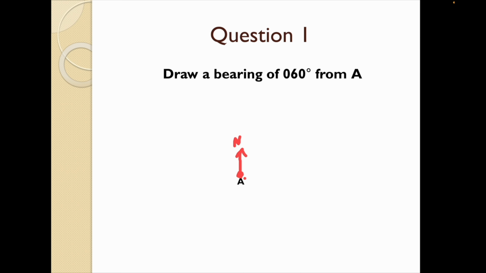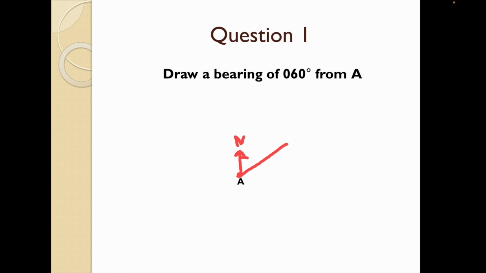Now what I need to do is figure out where 60 is going to land. So obviously we know that if we was to do this here, this would represent what angle? 90. So that means 60 must fall between north and this 90. So let's just say the 60 fell somewhere here. Now what I would do in this case is write the angle from north going clockwise.